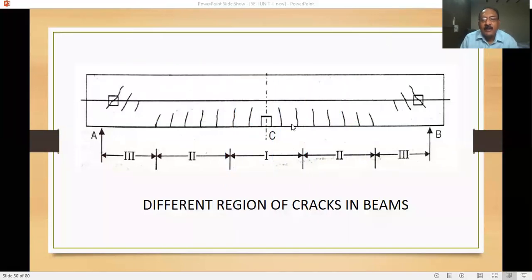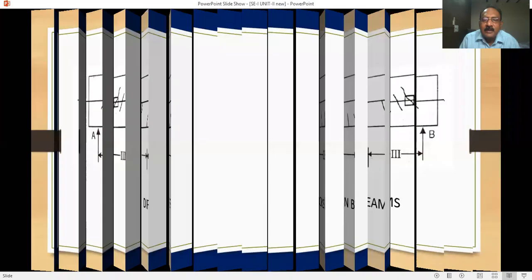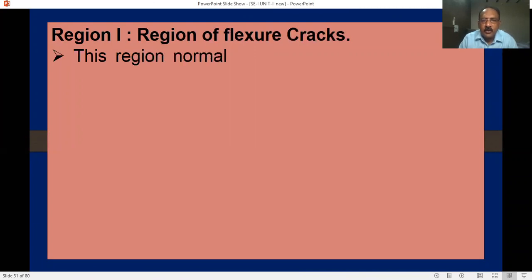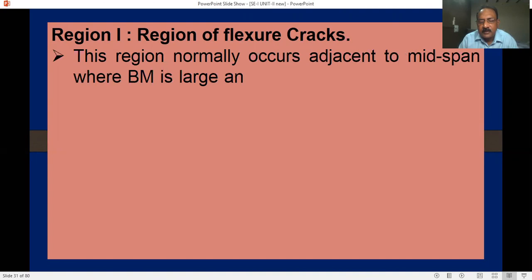That's why the design of the beam is required. I think you now understand better what flexural cracks are.